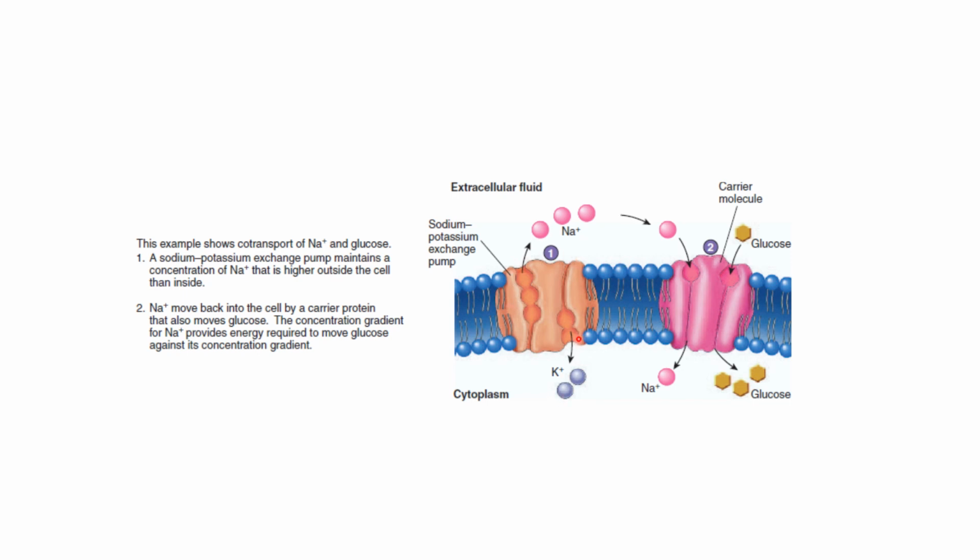So in order to keep the concentration of sodium maintained outside, there is a pump. It is conducting sodium outside by using energy and potassium into the cell. So sodium concentration is always more outside of the cell, so that the symporter can take the sodium into the cell along with glucose against its concentration gradient.